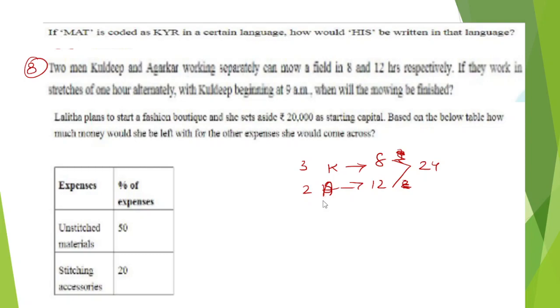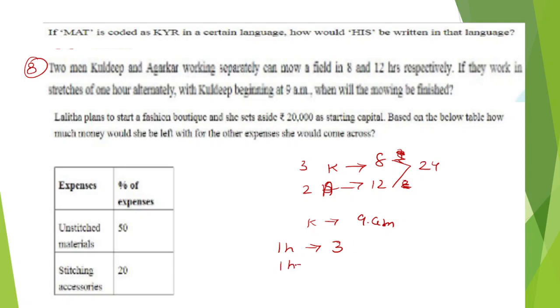But in this question they are saying that Kuldeep starts work at 9 a.m., and they work alternately. So in the first hour the efficiency of Kuldeep is 3. It means for the first hour Kuldeep will work with the efficiency of 3.